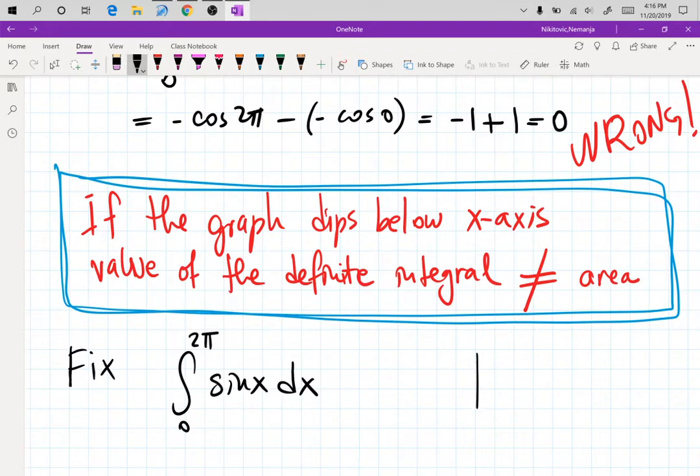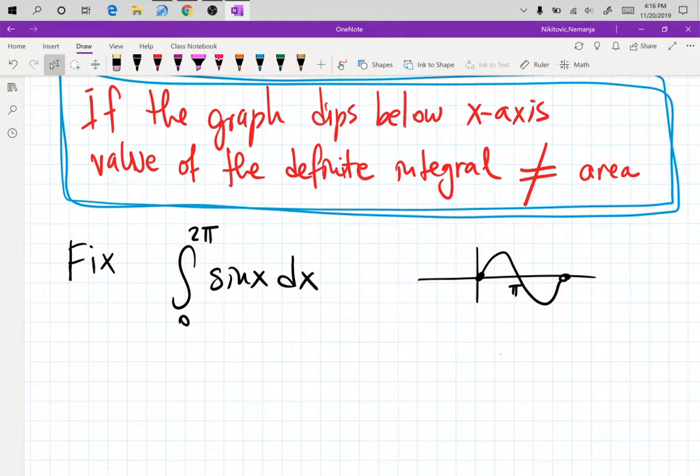Well, you need to know exactly where it dips below, and it dips at pi. So we are going to use a property, which I haven't told you yet, but I'm going to write it now, that allows us to split the domain, and the integral will still work.